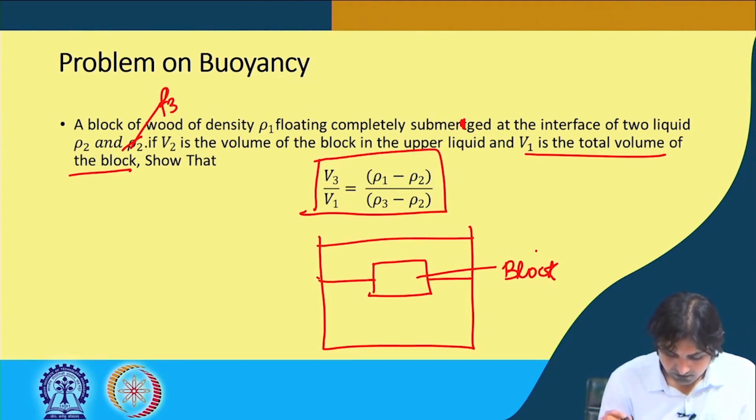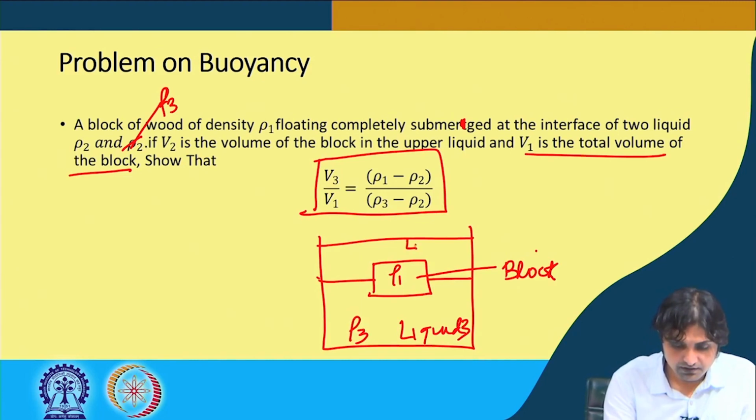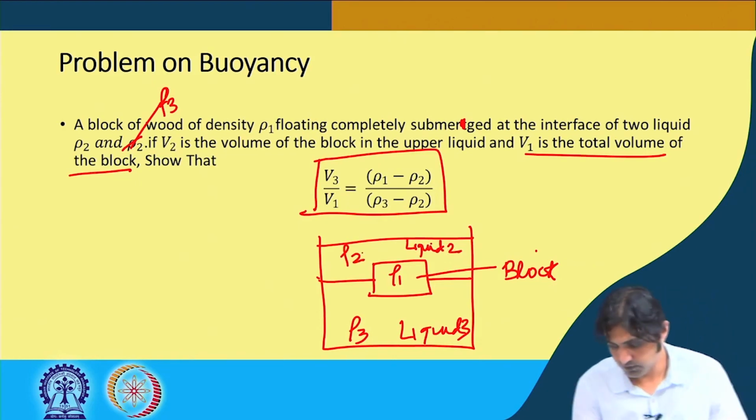So the block density is rho 1, for example, this is liquid 3 with density rho 3, and this is liquid 2, and that is why this is rho 2.